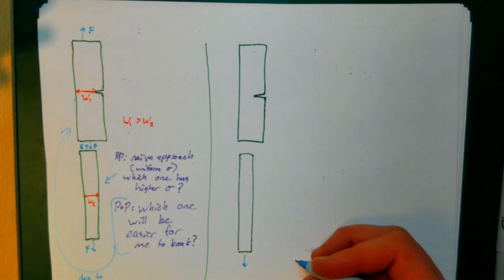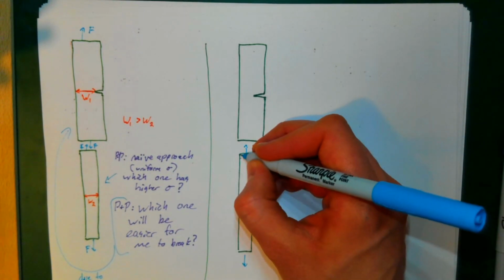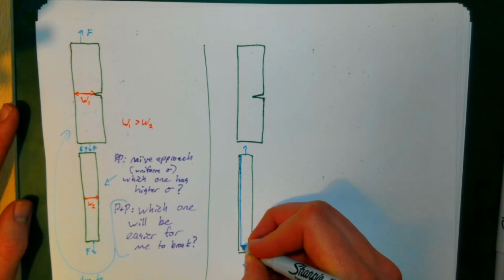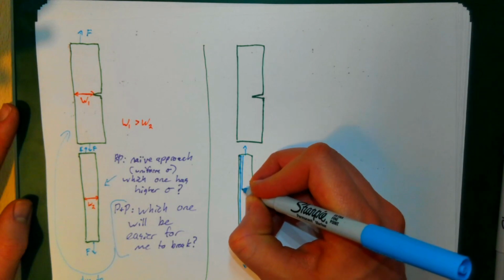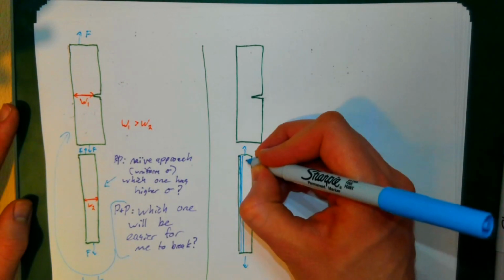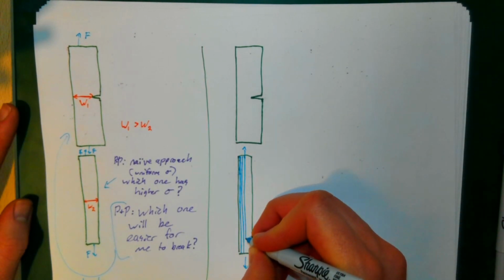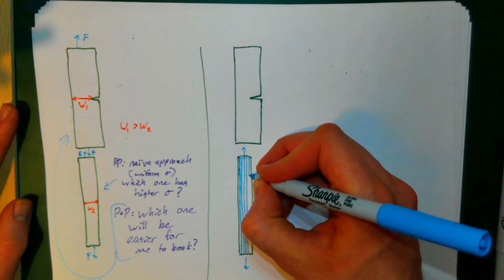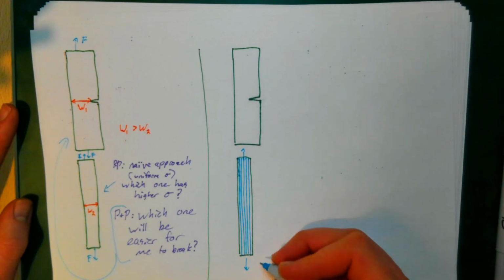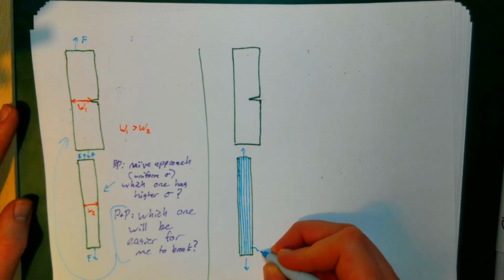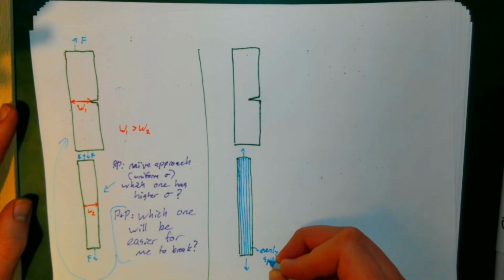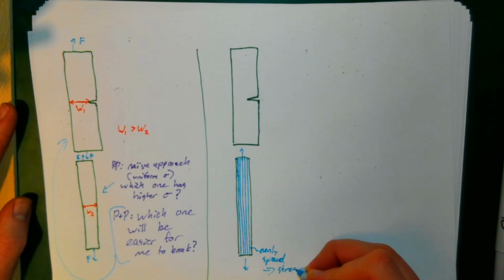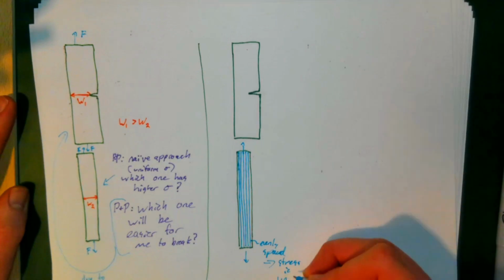I have this force here and this force here, and you can imagine those forces being transmitted via a bunch of parallel lines. And they're basically evenly spaced. And that means that stress is uniform.